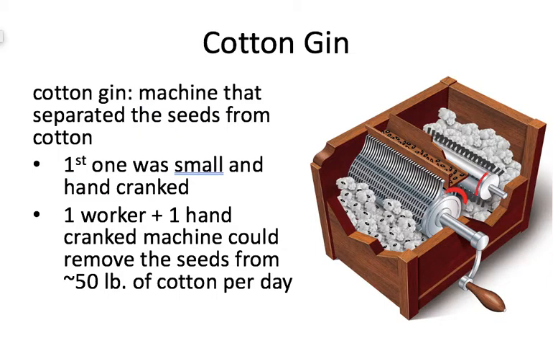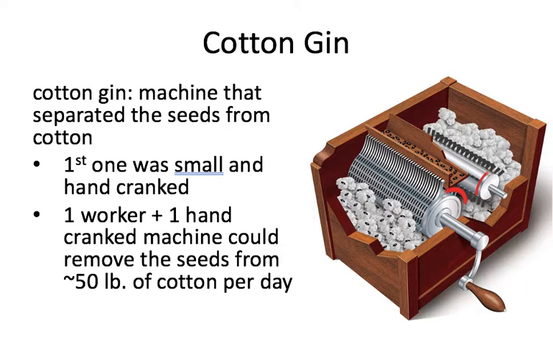This changed in 1794. This person invented what is known as the cotton gin, and that picture on the right is about what it looks like. So cotton gin is basically just a machine that separates the seeds from cotton.